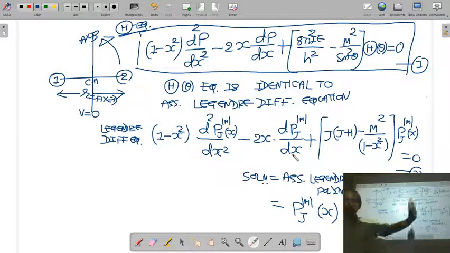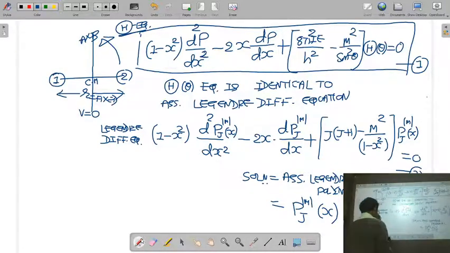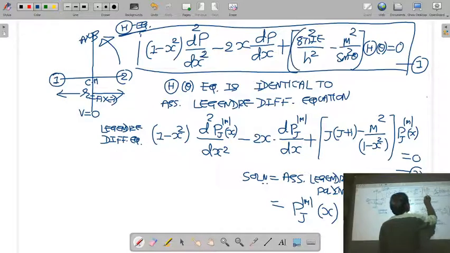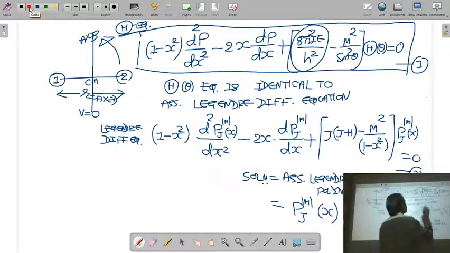But in the last term, in our equation we have 8 pi square I upon s square, and in the Legendre equation, instead of 8 pi square I upon s square, we have j into j plus 1.